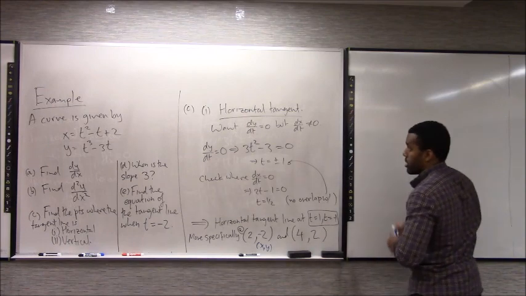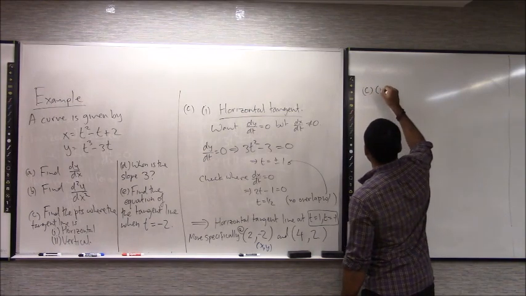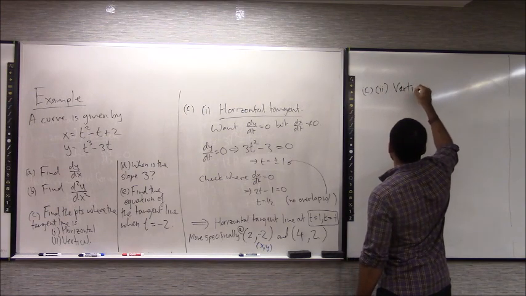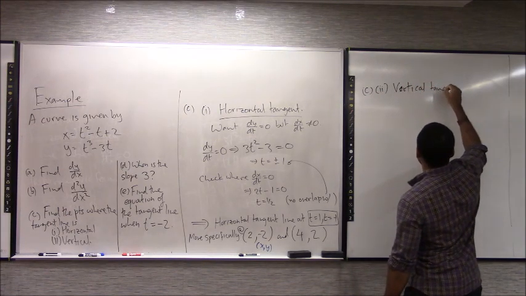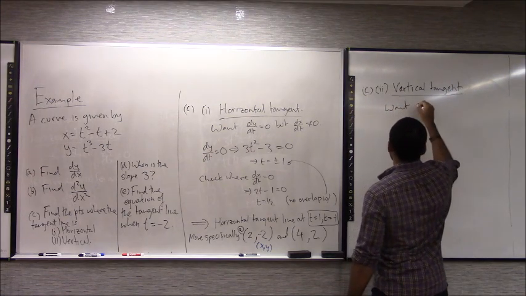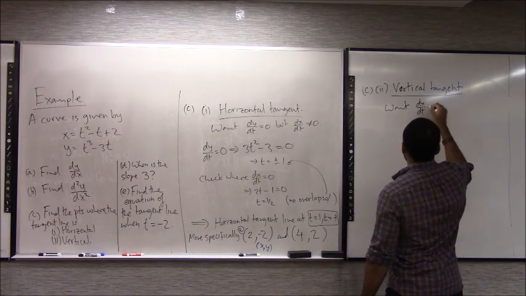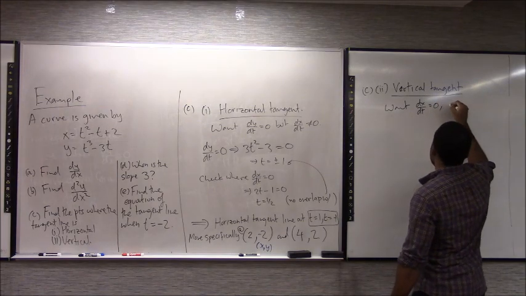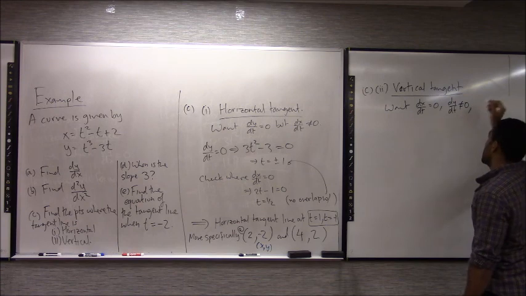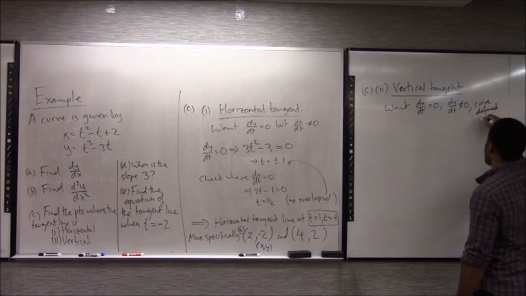Of course, the vertical, C2, vertical tangent. So this means we want dx/dt equals 0 and dy/dt not equals 0 and curve defined, let's say continuous.